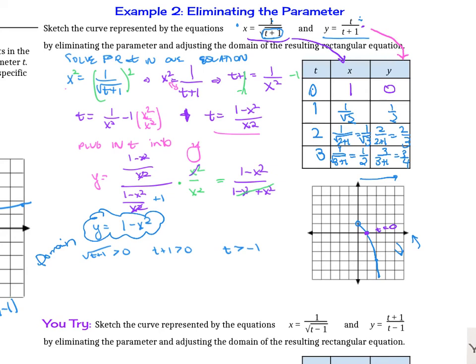So notice at 0, I'm at this point, and then at 1, I'm somewhere right here. And number 2, it's getting closer, and number 3, it's at 3, 4. So notice that it is going in this direction, so that's how we know the orientation of the curve. So go ahead and try the next example below.